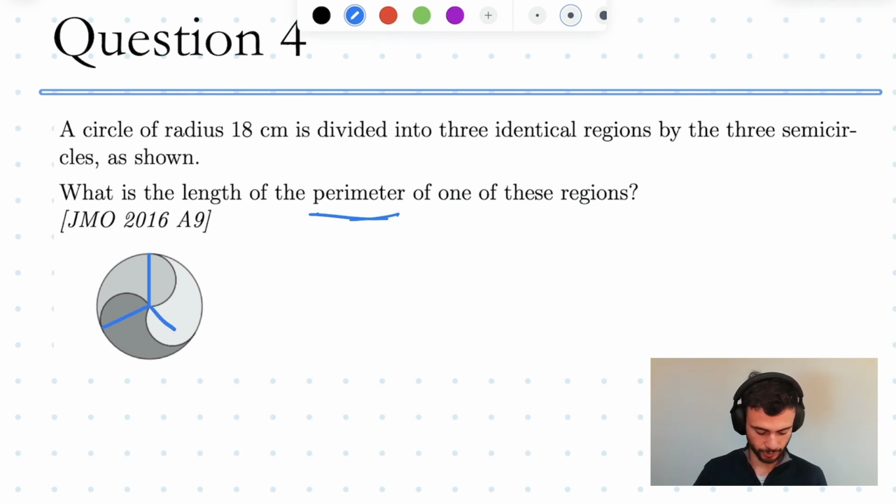So we can see if we draw the radius of each of those semicircles, we've split a larger circle up into three parts, obviously. But specifically, each of these parts is going to be a third of the circle.